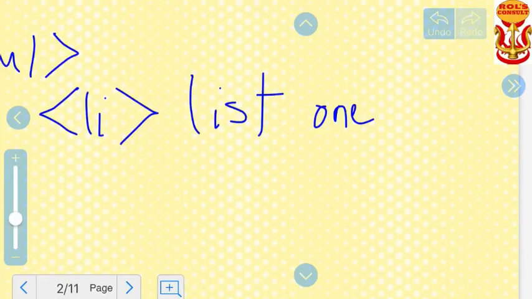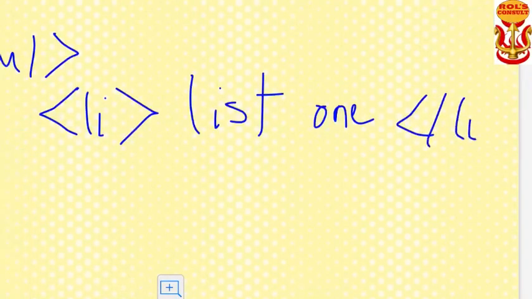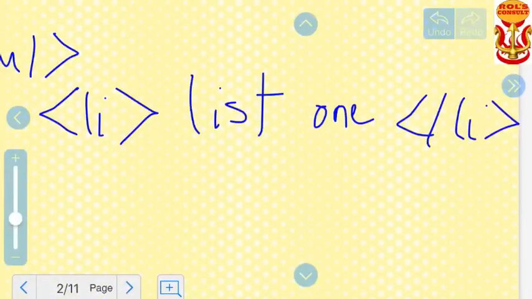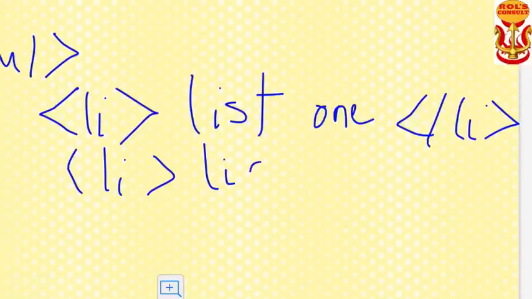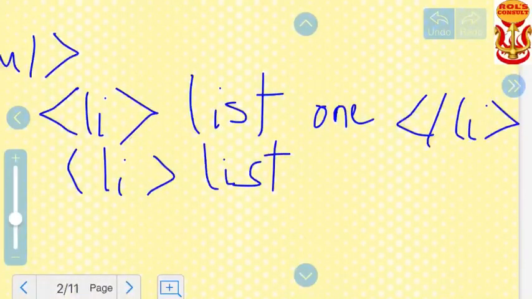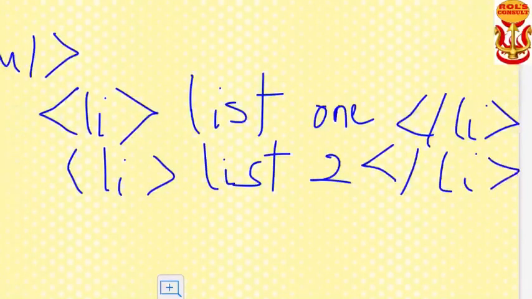Then I'll close it here. List 1. That's fine. Maybe I will have another li, and this will contain list 2. Then I'll close that one here.